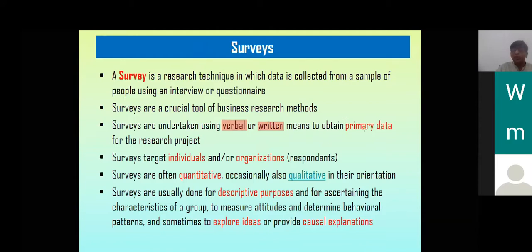For what purpose? The purpose is only to collect the primary data, because we already know there are two types of data, primary and secondary. These are the two sources through which we can collect the data.